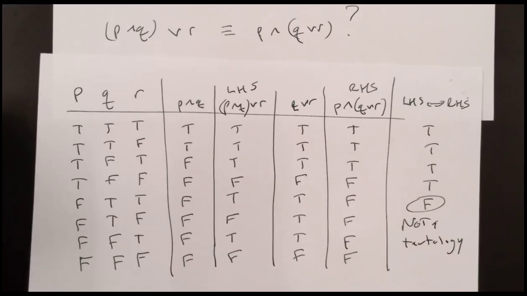What does that mean? It's a contingency, yes. But what does it mean for our propositional expressions up here? They are not equivalent. As much as I wrote, are these equivalent? That's why there's a question mark there.